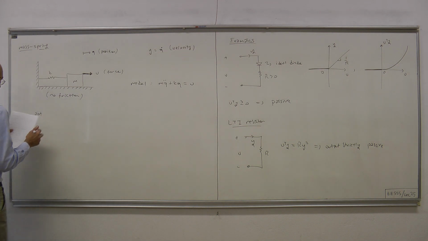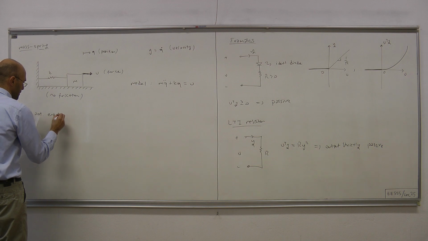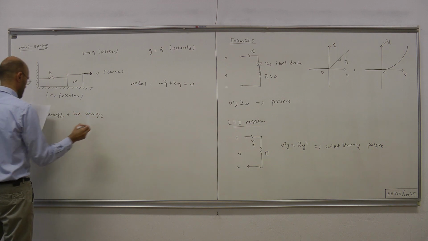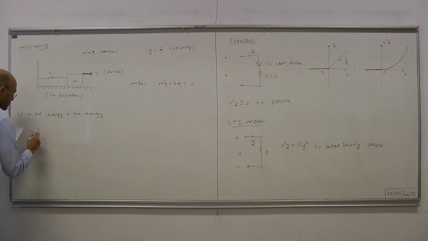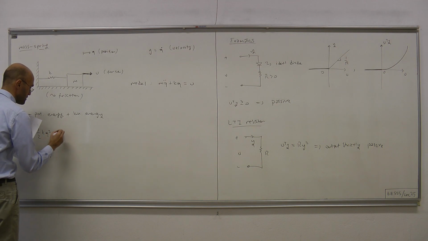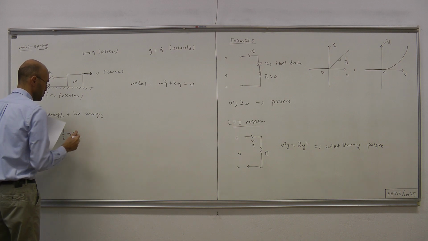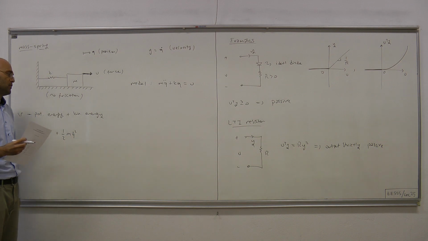So, potential energy plus kinetic energy, we can write this as 1/2 K q squared, this is the energy stored in the spring, plus 1/2 M q dot squared, this is the kinetic energy of the mass.